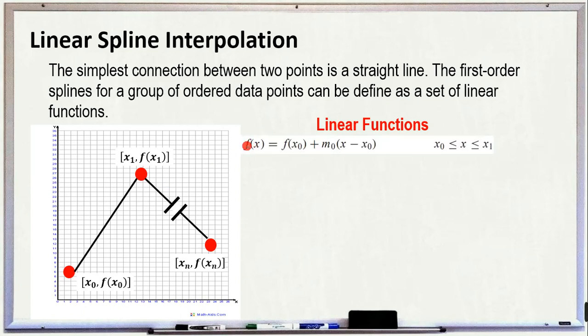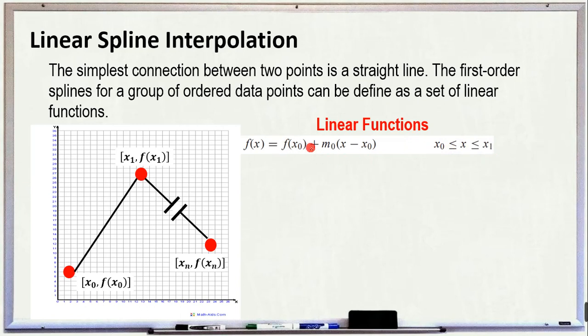So for the first line, which is this one, connecting x naught and x1, we have f of x equals f of x naught plus the slope times x minus x naught. Now our first linear function is only valid within this given domain, that is from x naught to x1 only, inclusive.